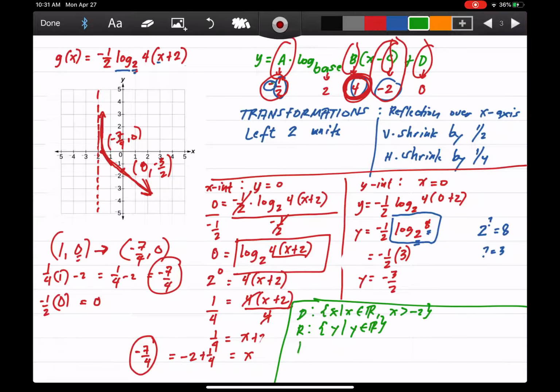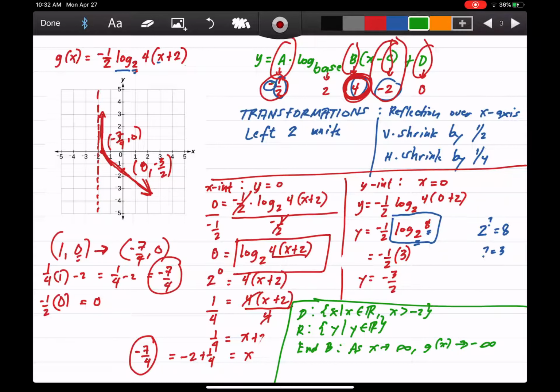And for the end behaviors, as x is going positive, look at that. As x is increasing in number, the graph is decreasing, right? So as x approaches positive infinity, the graph g of x is approaching negative infinity.